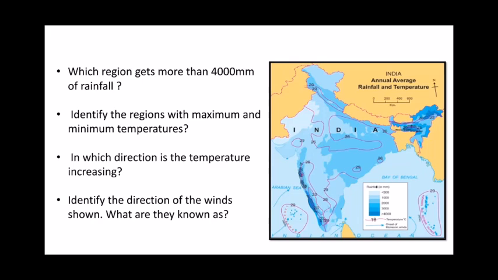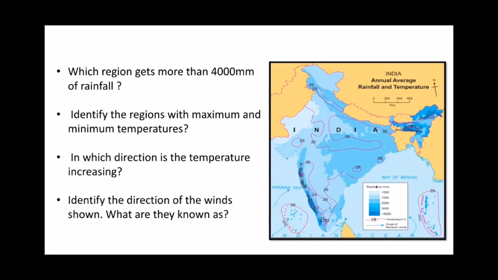Next question. Identify the regions with maximum and minimum temperatures. So, the central and northwestern part of the peninsular plateau, and islands have high temperature, and the hilly regions of north, northeast, and south India have low temperatures.